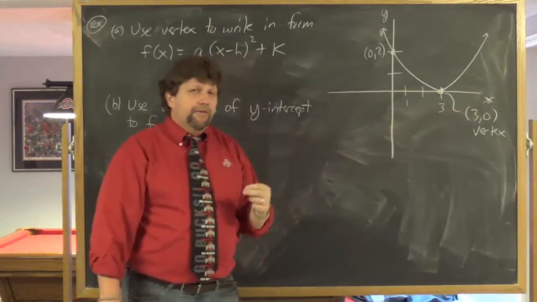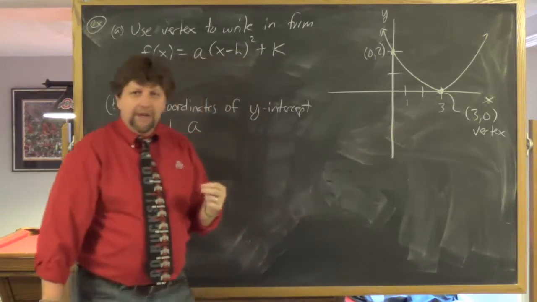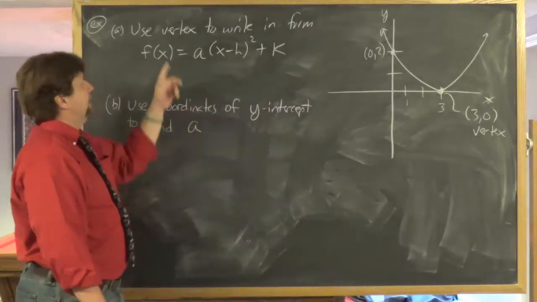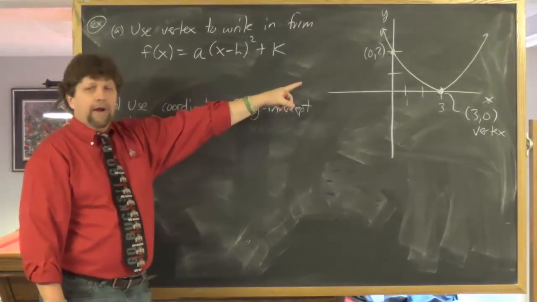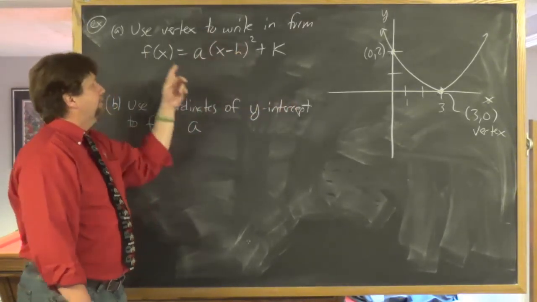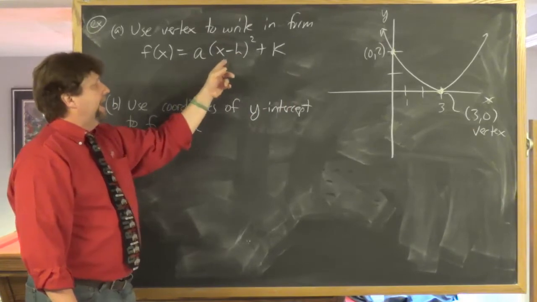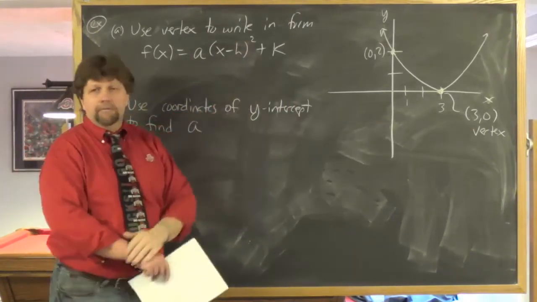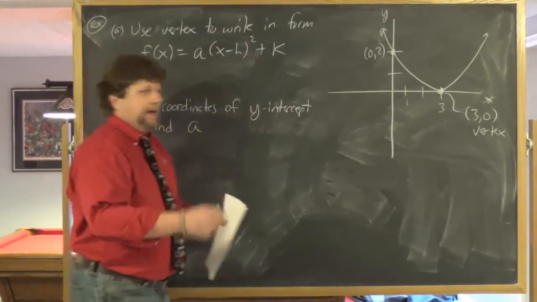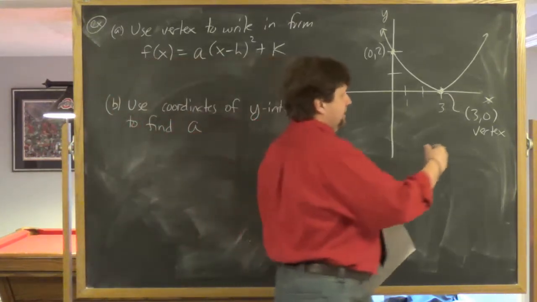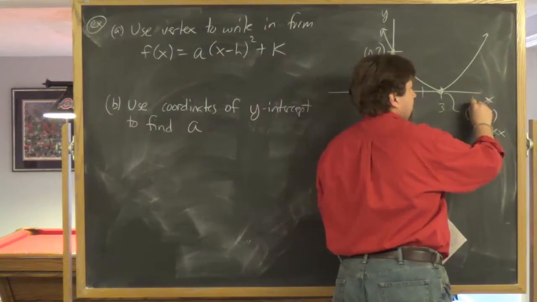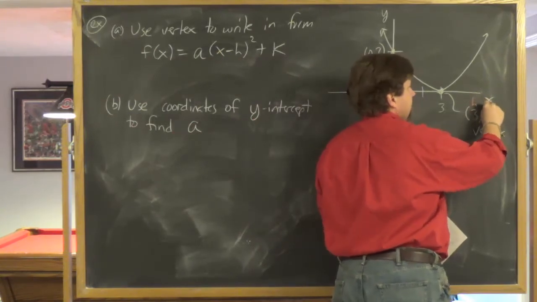And because I know the vertex, the first question I'm asking here, part A, is use the vertex to write that parabola in the form f of x equals a times x minus h quantity squared plus k. I can see over here, remember vertex, this is h, that is k.